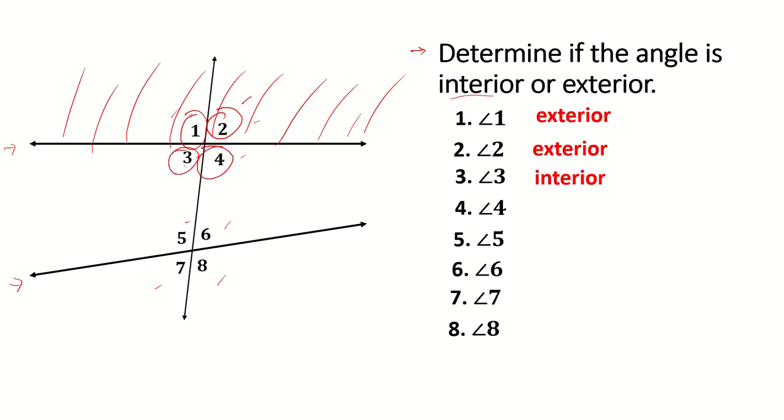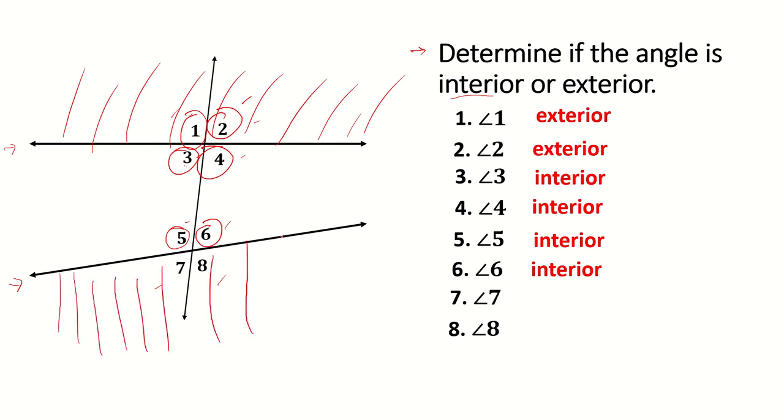Angle 4 is also in the interior part, so it's interior. And angle 5 is also an interior angle. Same with 6. And the ones below this line belong to the exterior region. That means 7 and 8 are both exterior.